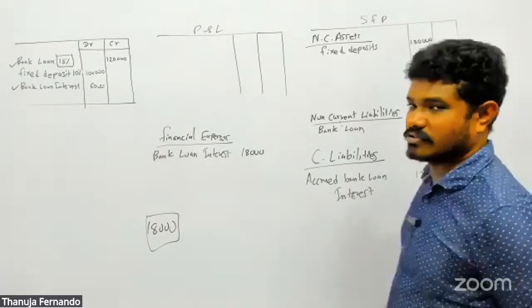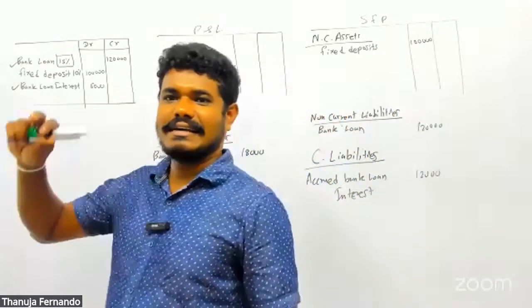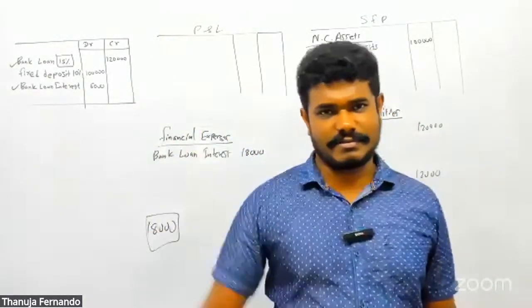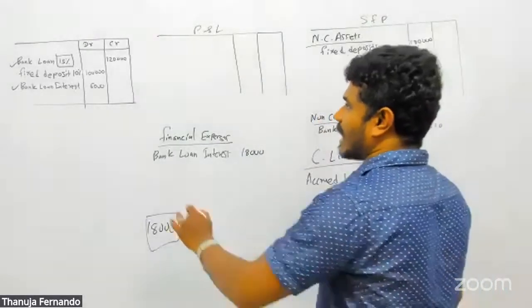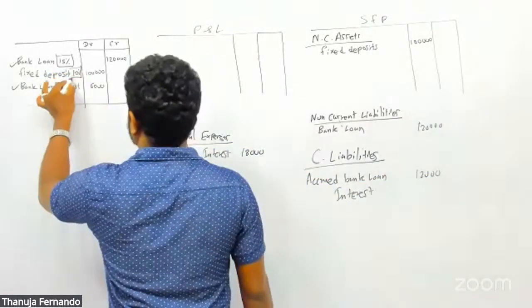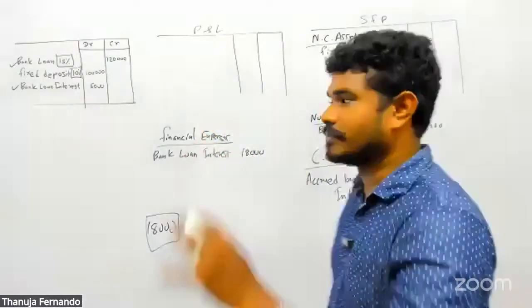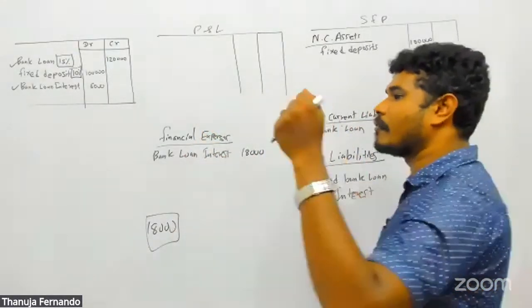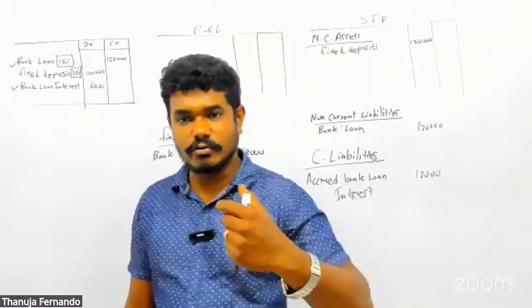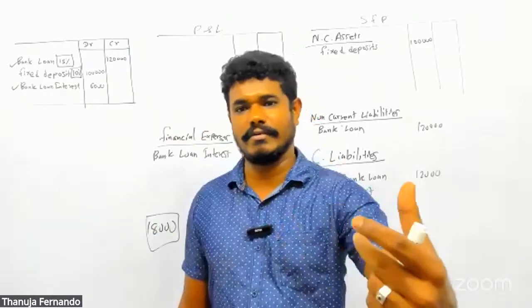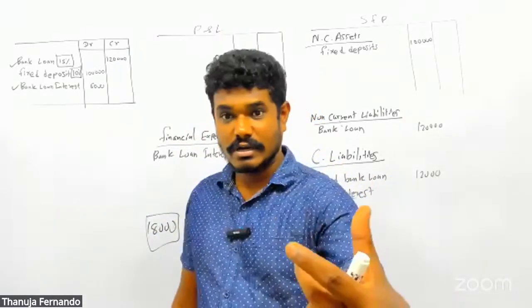As usual, first of all, we have to write down the figure. Then we have to calculate the interest. 10% of 100,000 means 10,000. It means on the deposit which we have made, we receive 10% annually. We receive 10,000 annually.